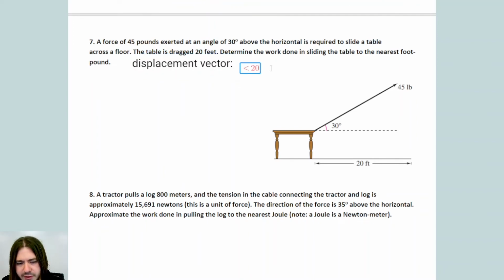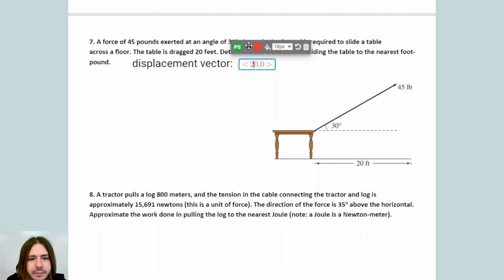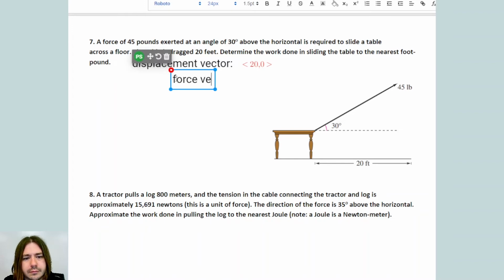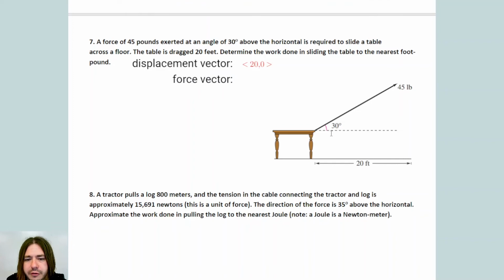And then the force vector is going to be this vector right here. To find the horizontal and the vertical components of this, something that we did in the previous lesson, we multiply the magnitude here, which is 45, by cosine and by sine of the direction angle.